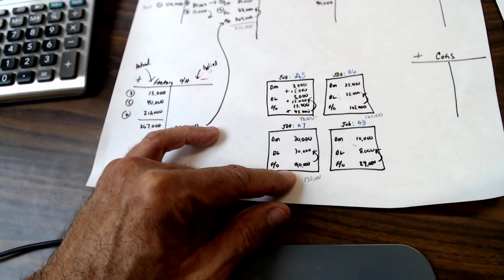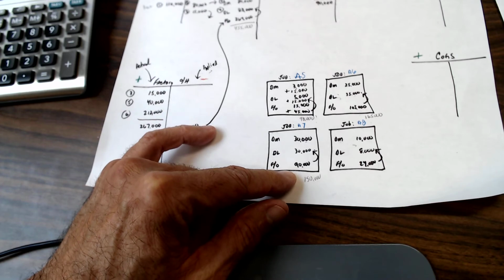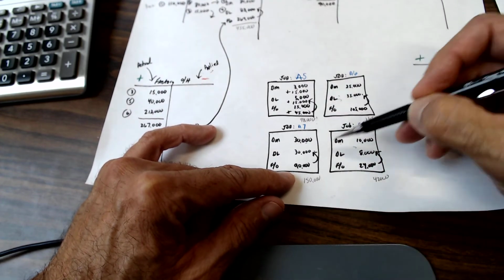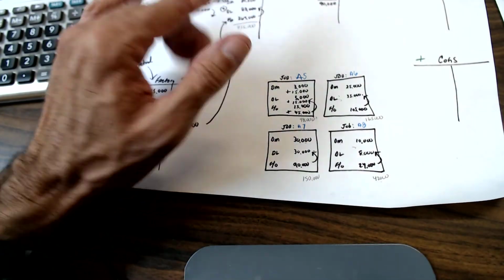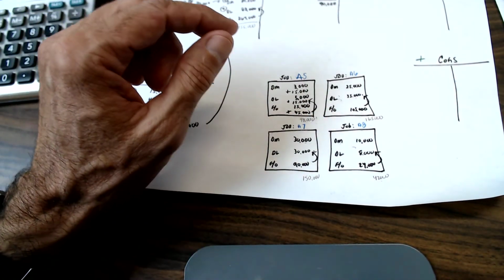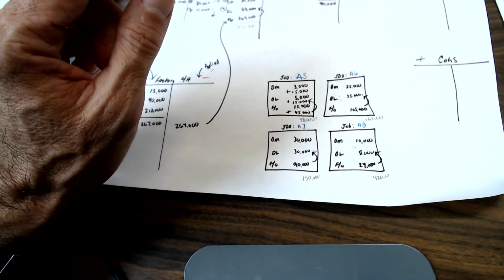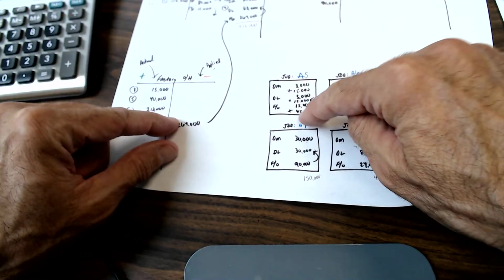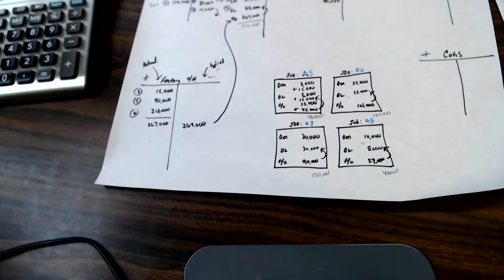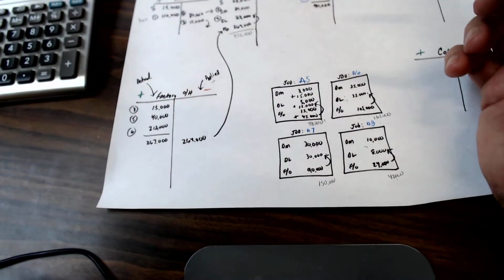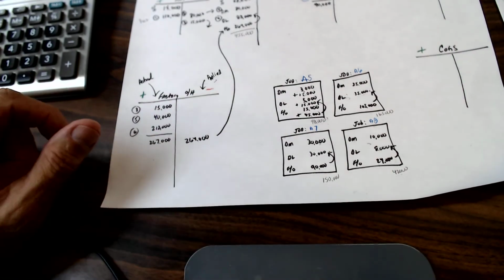Finally, 10, 8, and 24. This adds up to 42,000. I sure hope these 4 add up to that. And if they don't, it just means I made a mistake somewhere. And it certainly could happen because I'm doing this cold. That way it's kind of fun for me too. 455,000. Awesome! Okay.